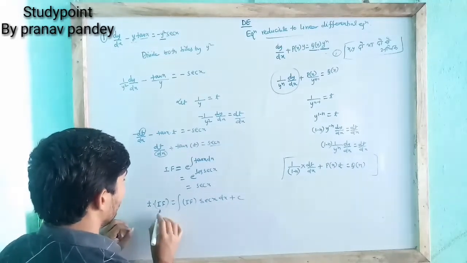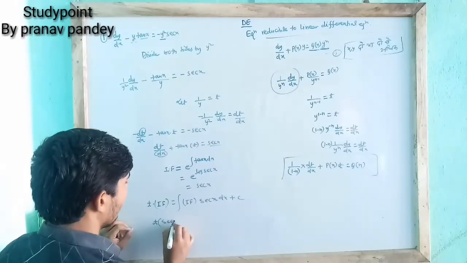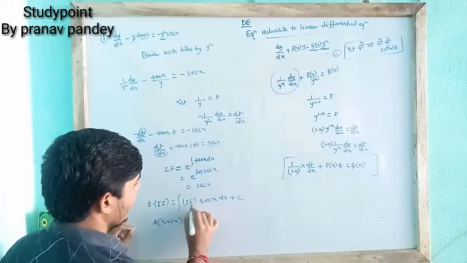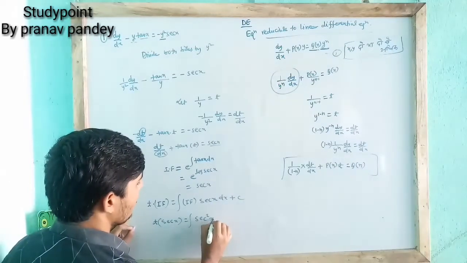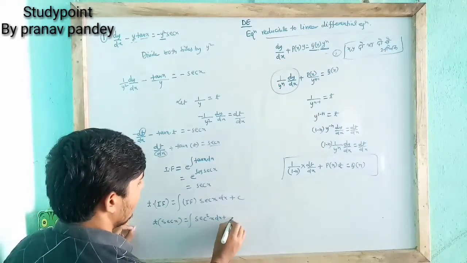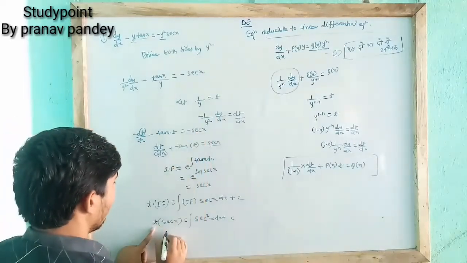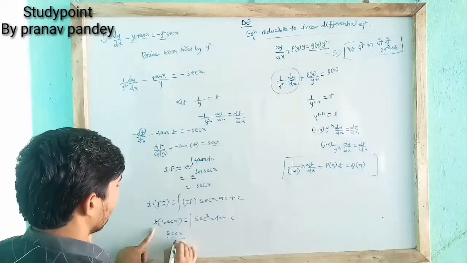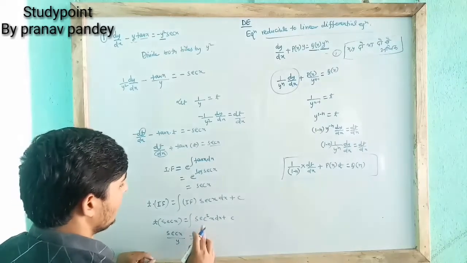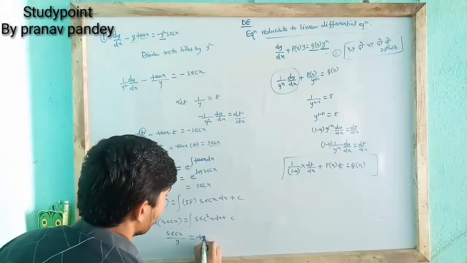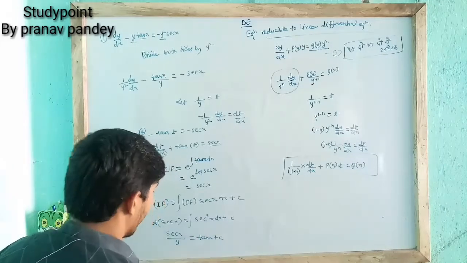So t into sec x is equal to the integral of sec x into sec x, which is sec square x dx plus c. The value of t is 1 by y, so we can write sec x upon y is equal to the integral of sec square x, which is tan x, so tan x plus c.